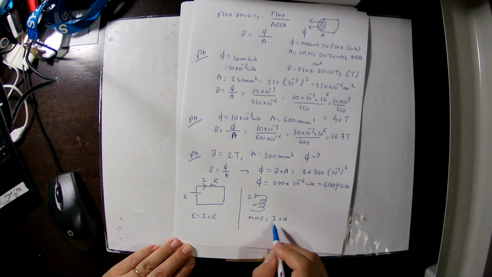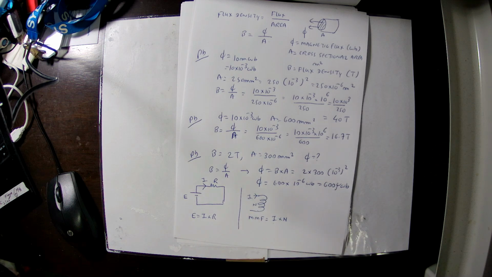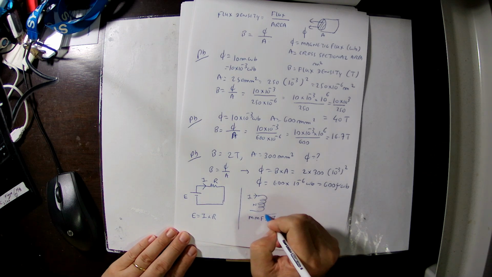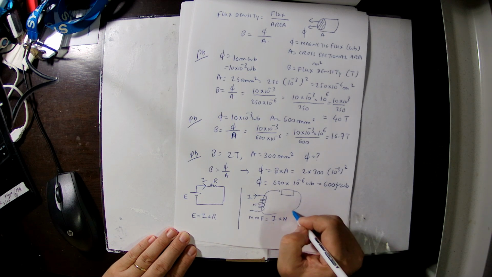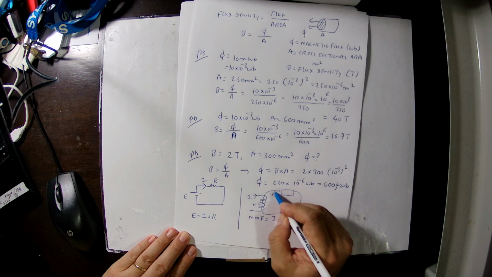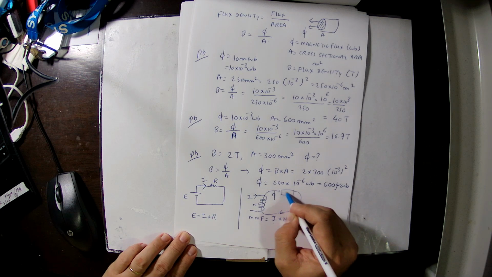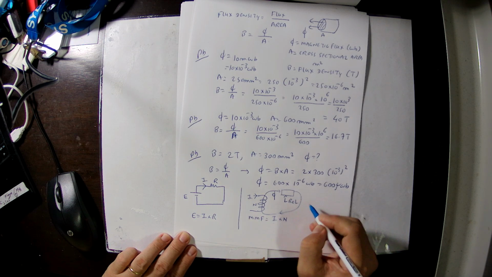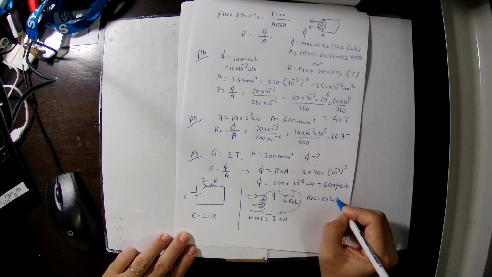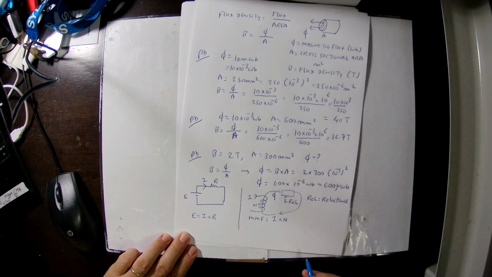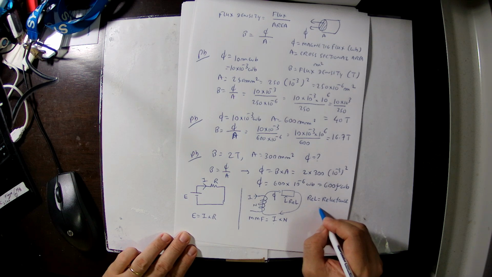I is the electrical current flowing into here, and N is the number of turns. So those magnetic flux are passing through the iron bar. So that was the flux going through. This iron bar is called the magnetic reluctance, REL. The unit is ampere turn per Weber.